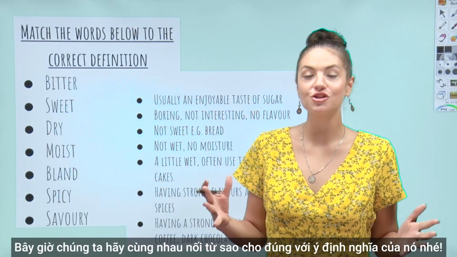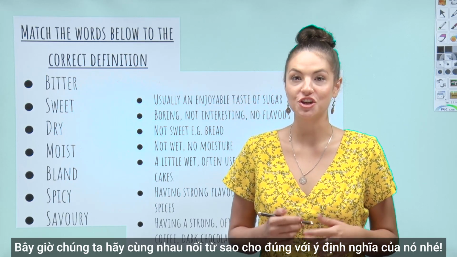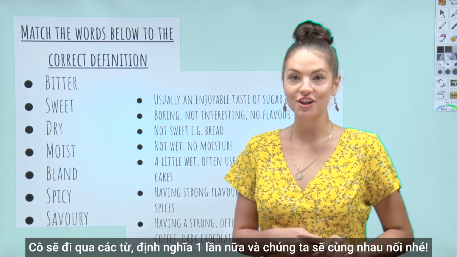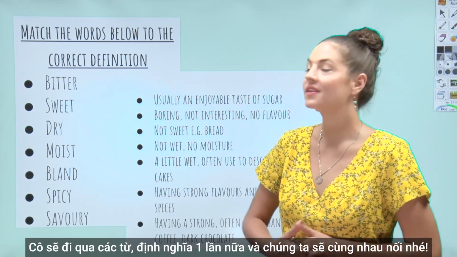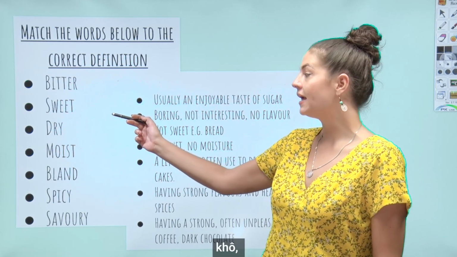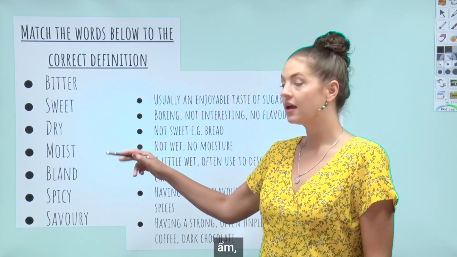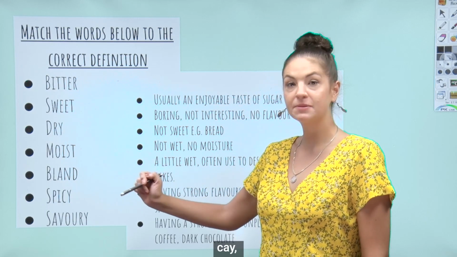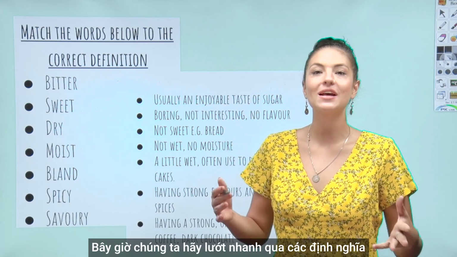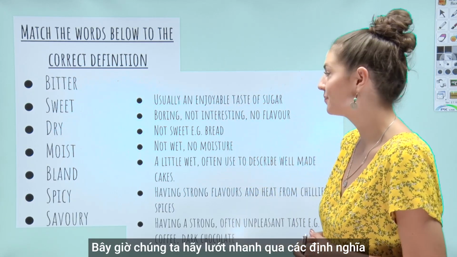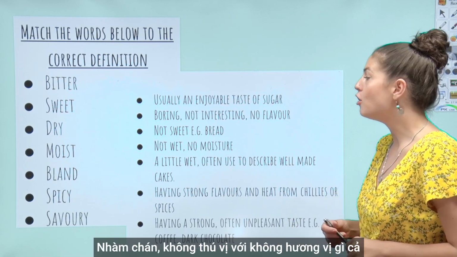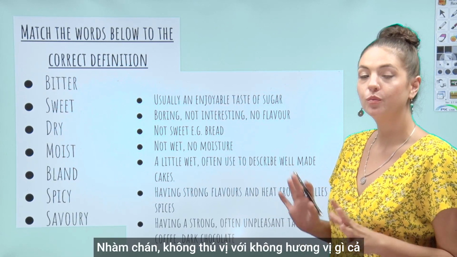Now, let's match the word with their correct definition. So I'll run through the words again and the definitions and then we'll match them up. Bitter, sweet, dry, moist, bland, spicy, savoury. Now let's run through the definitions quickly. Usually an enjoyable taste of sugar. Boring, not interesting, with no flavour.